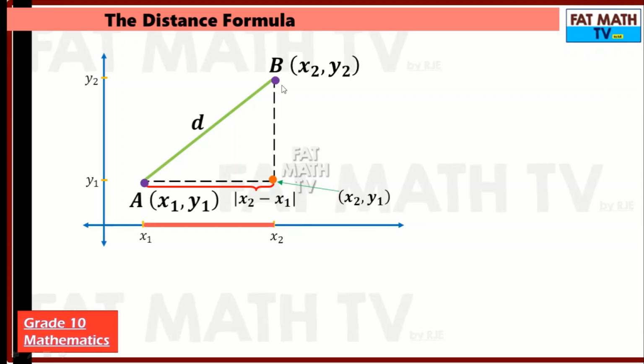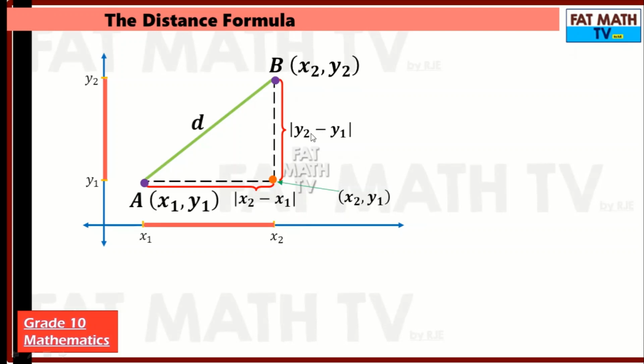How about this other side? As you can see, the x values are the same, x sub 2 and x sub 2, and the y values are different. So we just subtract the y values, y sub 2 minus y sub 1, and take the absolute value, as we did in the previous examples. So the length of this side is the absolute value of y sub 2 minus y sub 1.